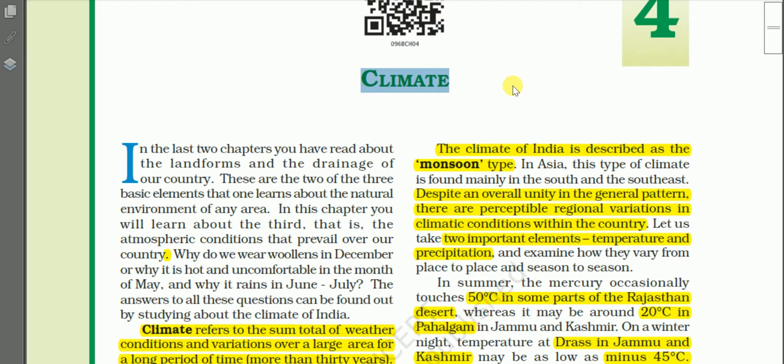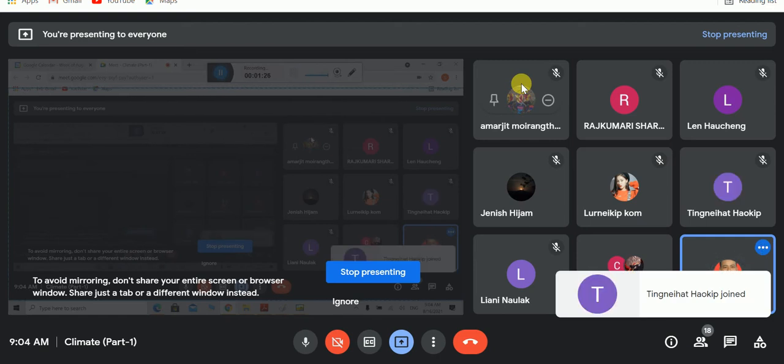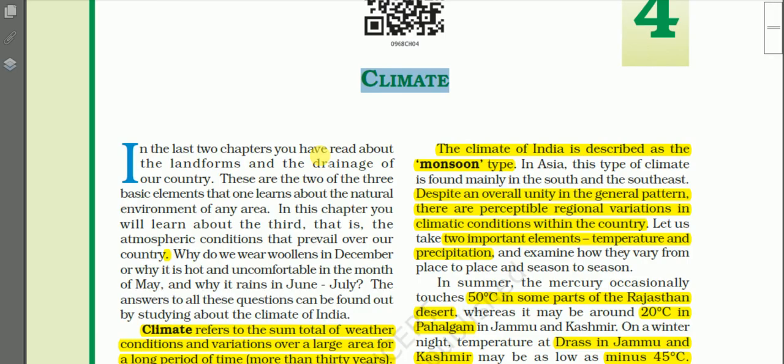If we want to learn about the natural environment of any area, we need to learn about the landforms, the river systems, and we have to learn about the climatic conditions also.